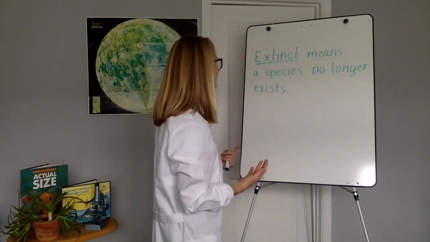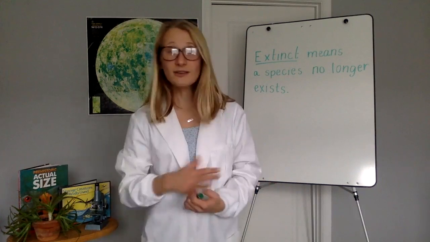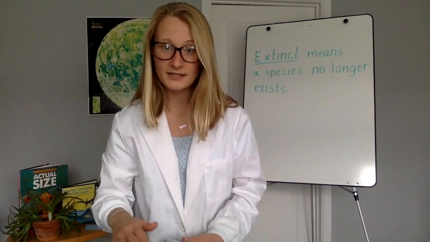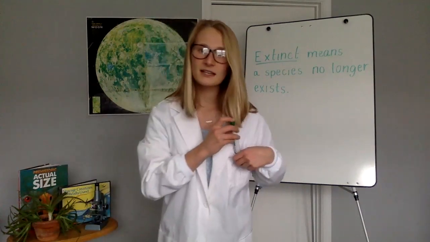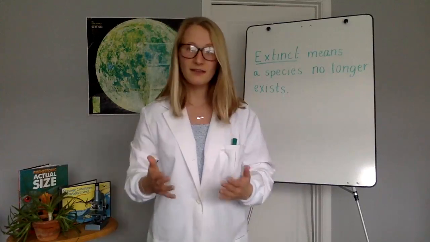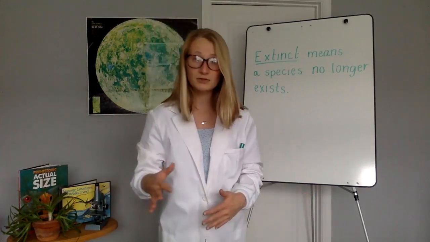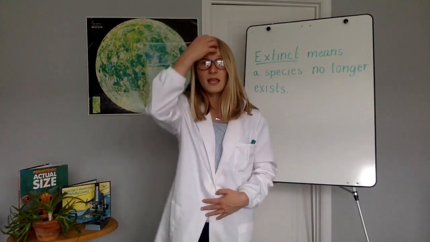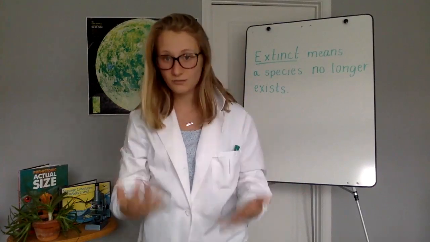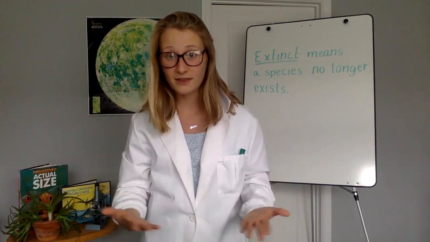Animals, species, they go extinct for a lot of reasons. And sometimes plants, animals, living things, they no longer exist. They disappear forever because they aren't able to adapt. They aren't able to change their characteristics so that they can survive in their environment.